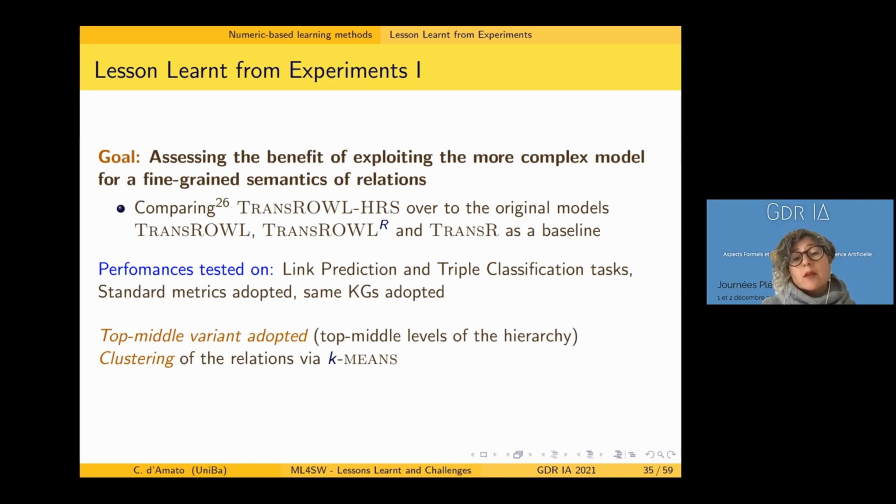That means that only the top and the middle layer of the hierarchy have been considered, and not the leaf level. This has been done in order to keep under control the complexity of the model. And for clustering the relationships, the k-means algorithm has been adopted.